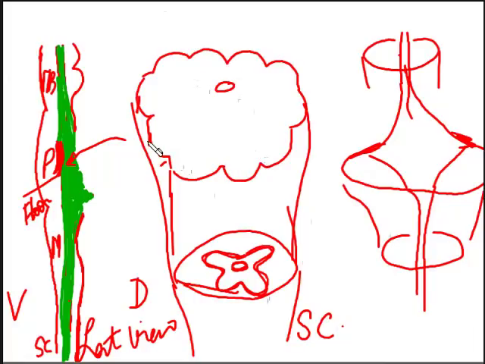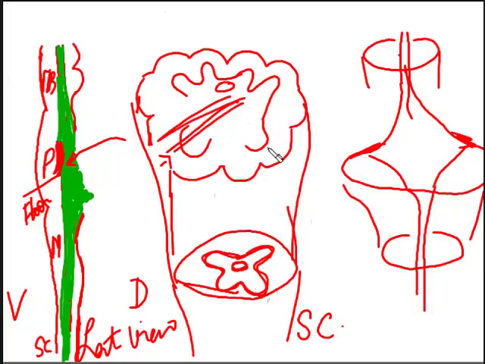Instead of a well-defined H, in some parts you see somewhat of an H, and then this part of the H gets broken up. Instead, you just see a little bit up here. The reason is that some fibers are crossing over, so they break up the gray matter. Instead of being well organized like this, you see it in little bits and pieces.